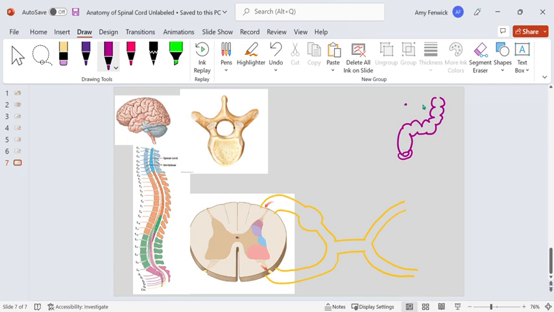So this is your colon, or your large intestine. This is the rectum. And as we realize, there is smooth muscle that you cannot control. But outside of that, there is a ring of skeletal muscle that you can control.